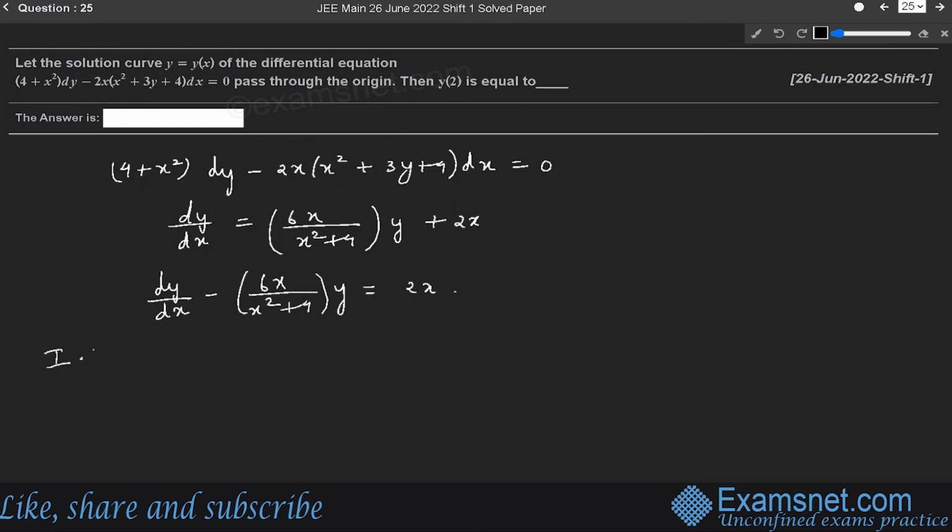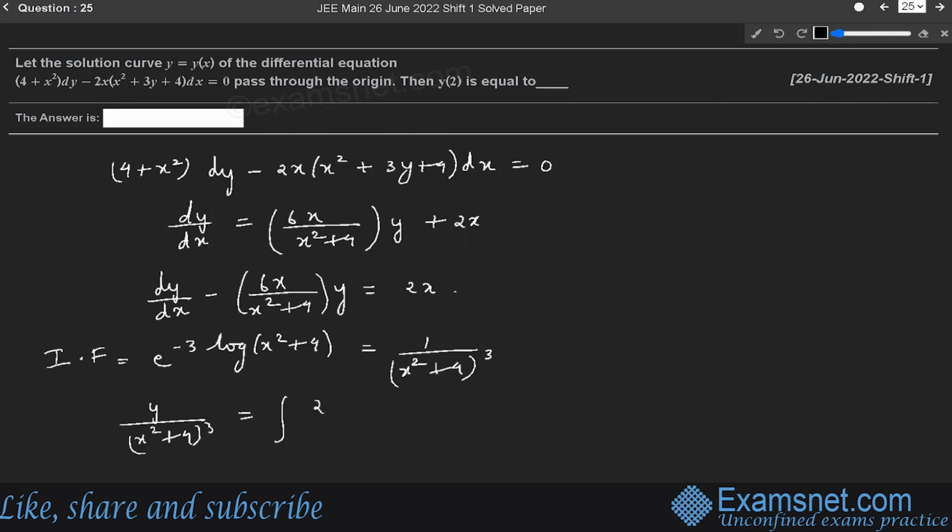So the integrating factor, which is IF, is equal to e^(−3 log(x² + 4)). So it will be equal to 1/(x² + 4)³. Therefore, y/(x² + 4)³ will be equal to the integral of 2x/(x² + 4)³ dx + c.